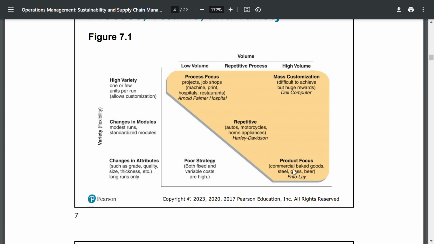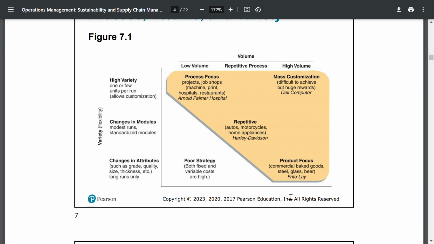So let's say one example is Lay's, or another example is chocolate producers like Hershey. Here we have the example of Frito-Lay. And there are many different examples, and so commercial baked goods.